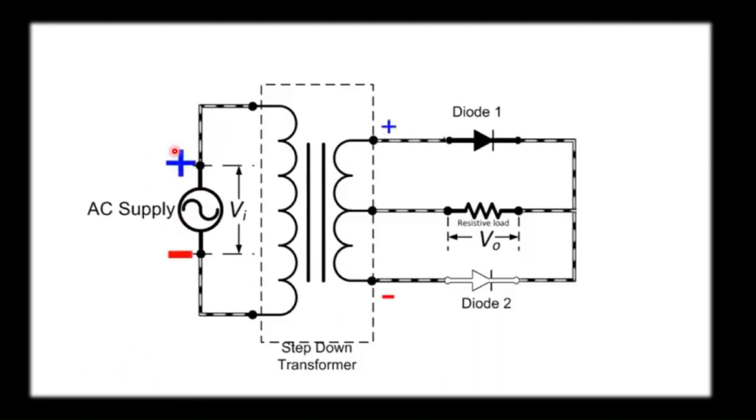This is a positive half cycle, diode 1 will be conducting. For a negative half cycle, diode 2 is conducting. So this is how the current flows in both the cycles, positive as well as negative.